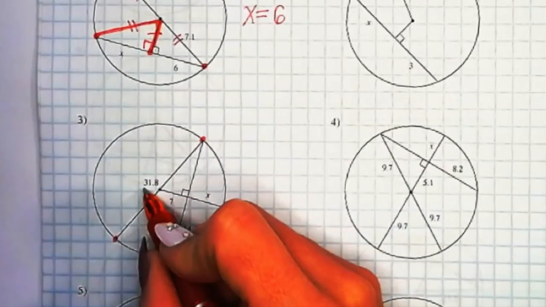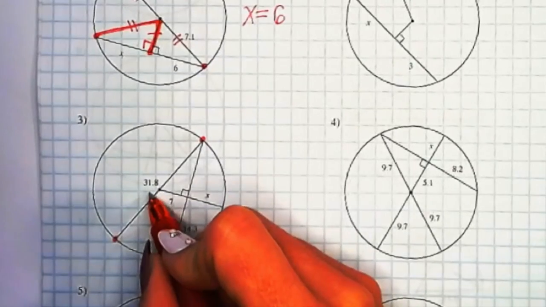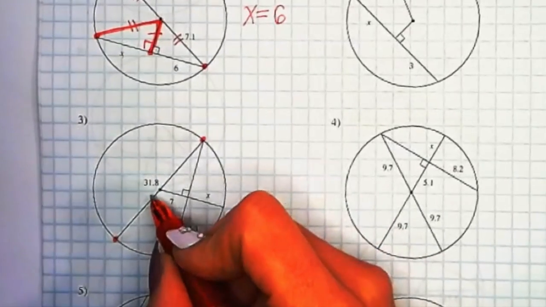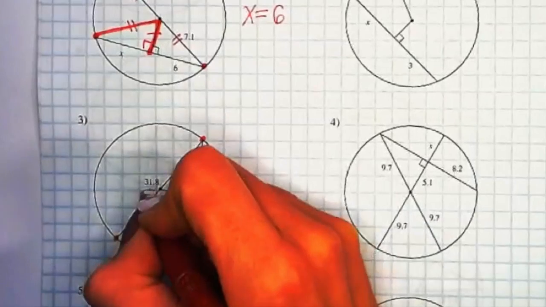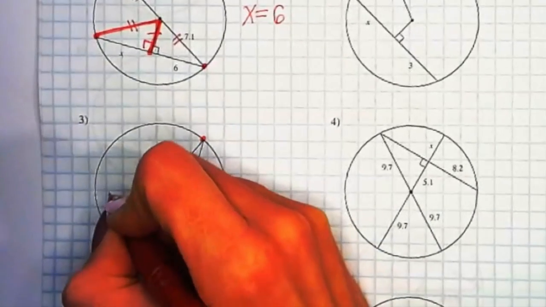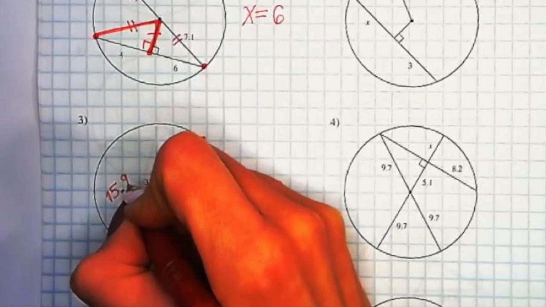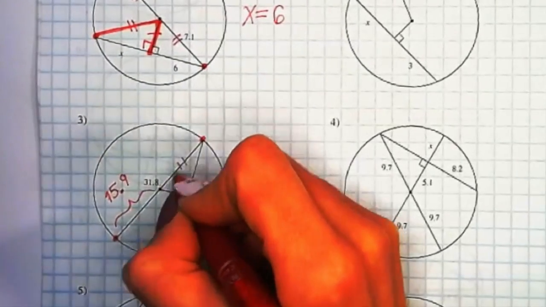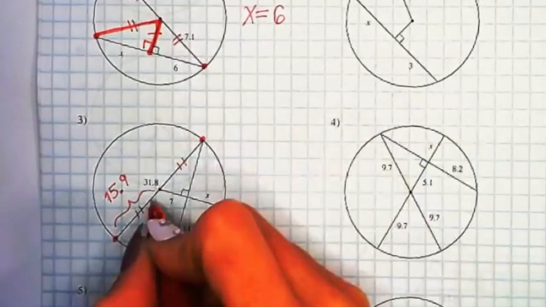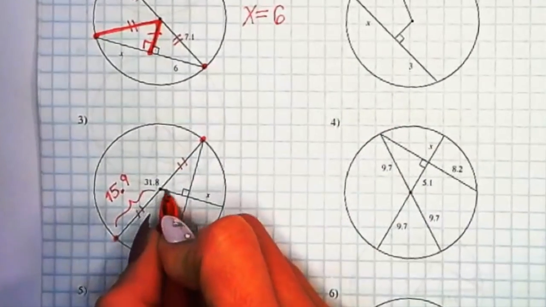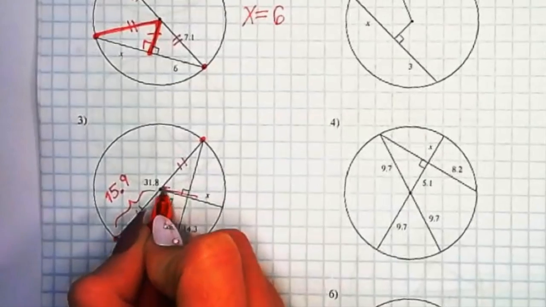Half of 30 is 15, half of 1.8 is 0.9. That means that the radius is going to be 15.9 throughout. This line right over here is also 15.9.